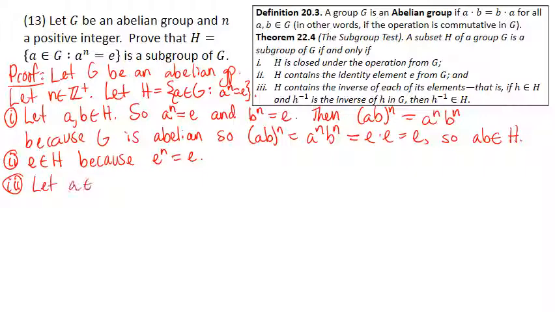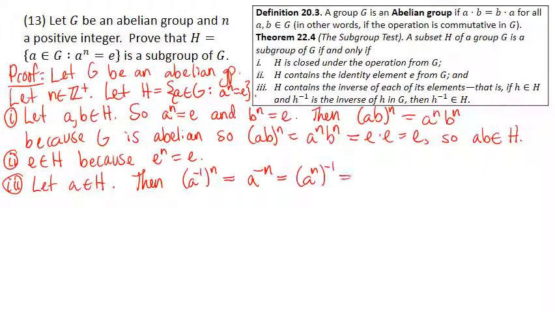So let's see. Let me actually start with letting A be an element of H, and let's think about what is the nth power of A inverse. So A inverse to the nth power, what would that be? This is another one of those rules from, I think, Investigation 21 maybe, that you can rewrite like this: equals A to the n to the negative 1.